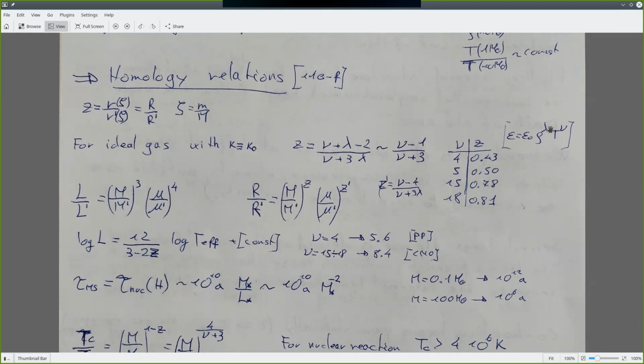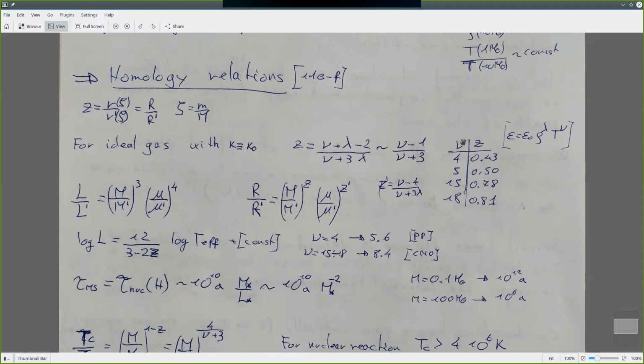The equation is not exactly this. We simplify the equation in this way to have simple calculation and just the density and the temperature related by a certain coefficient.